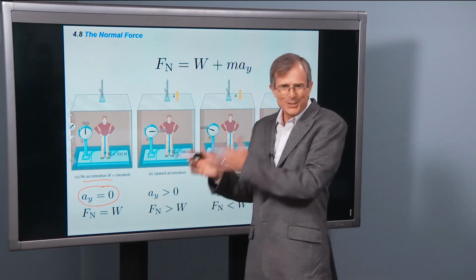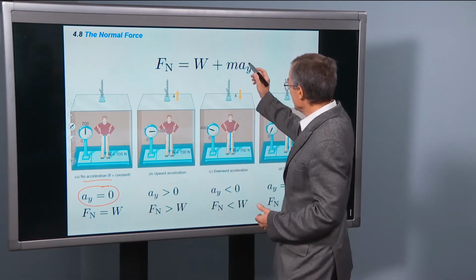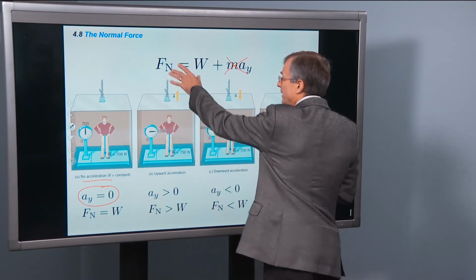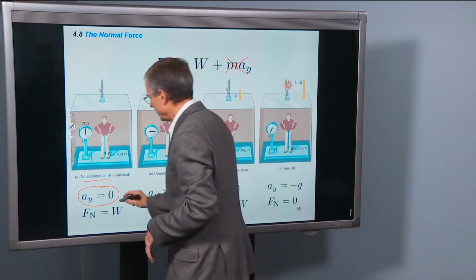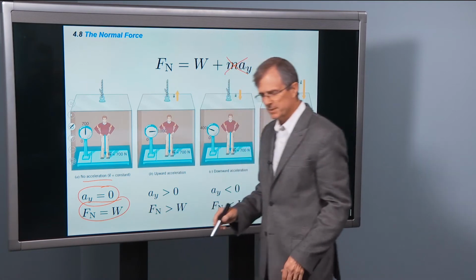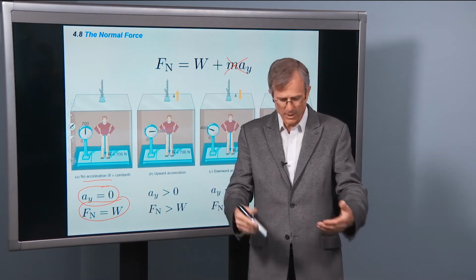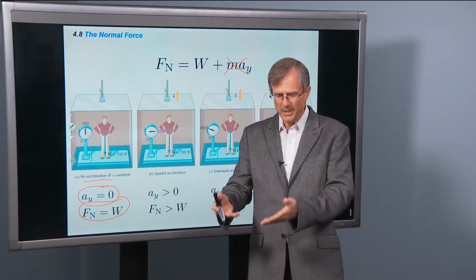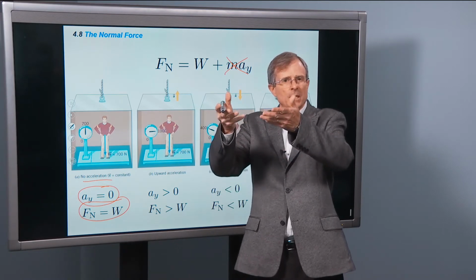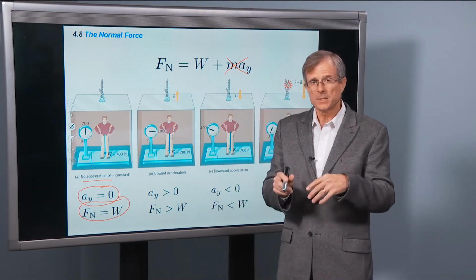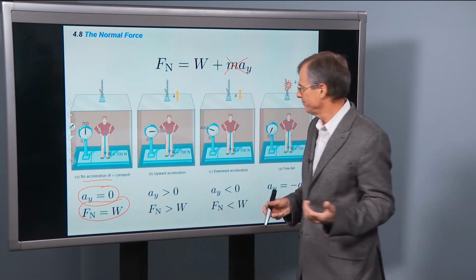So if we set the acceleration to 0, then the normal force is going to equal the weight. And so in that particular case, either you're stationary, standing on your bathroom scales, or you're moving on an elevator at a constant velocity, your reading on the scale will give your true weight.